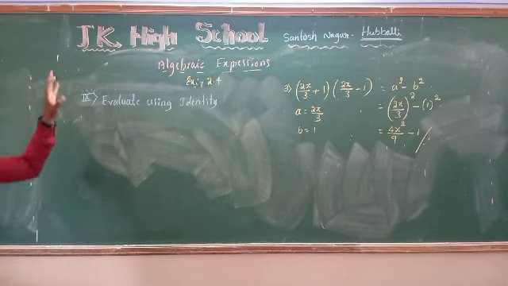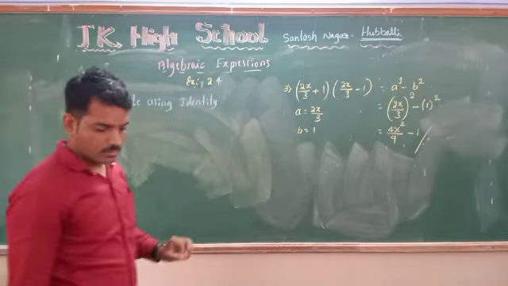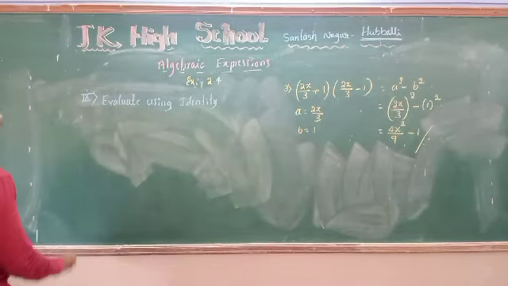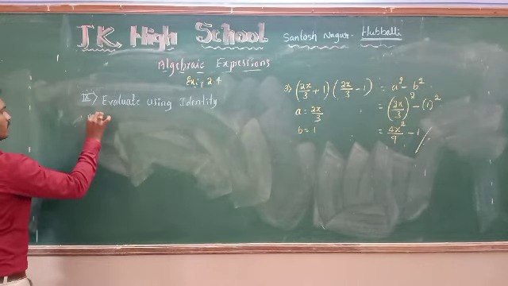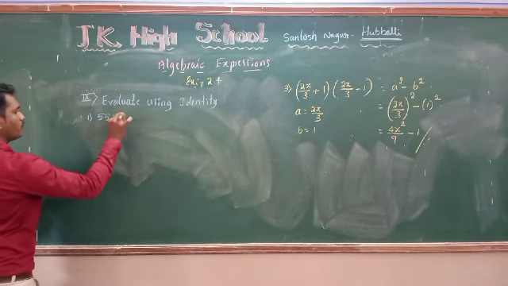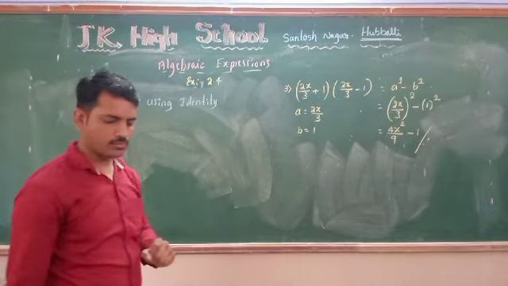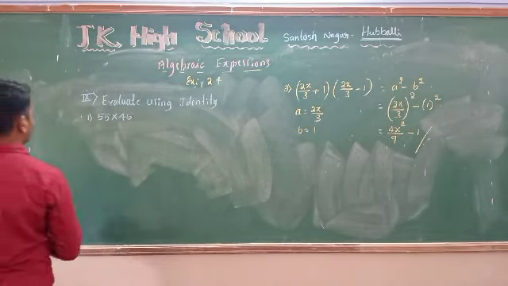In the earlier mains he has mentioned the identity, but in this main he did not mention any identity. So what to do? He has given some questions like 55 and 45. Question number 1, 55 into 45. Now tell me what identity we have to use. So I'll write and you just say what we have to use.